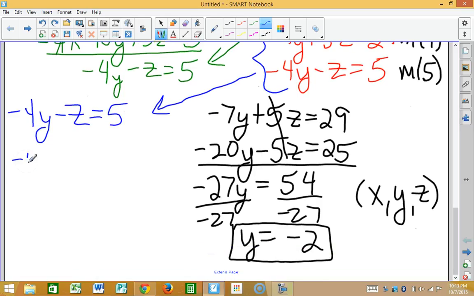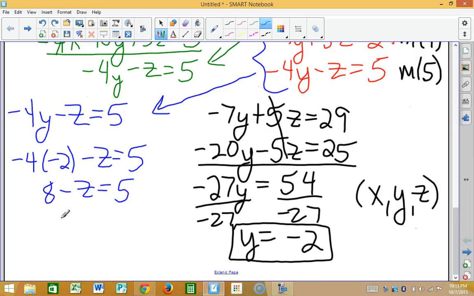So I'm going to get negative 4 times negative 2 minus z equals 5. So I get 8 minus z equals 5. Negative z equals, I subtract 8 over, I get negative 3. So z equals 3. So there's the second part to my solution.